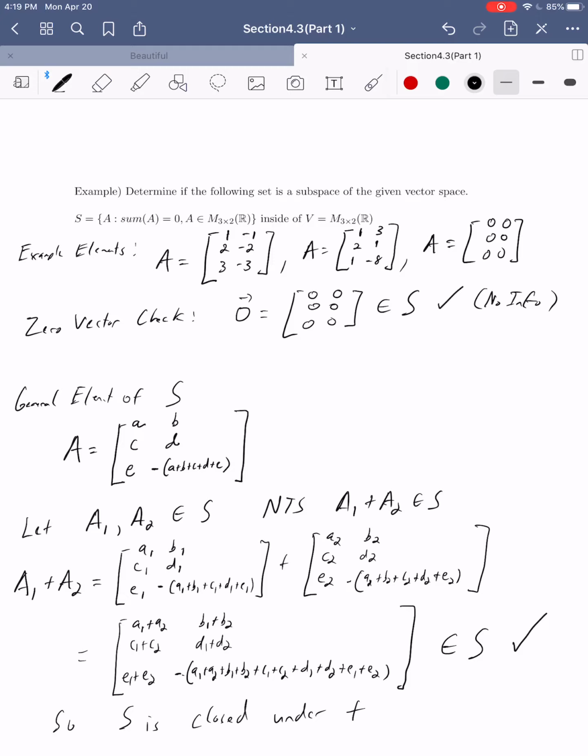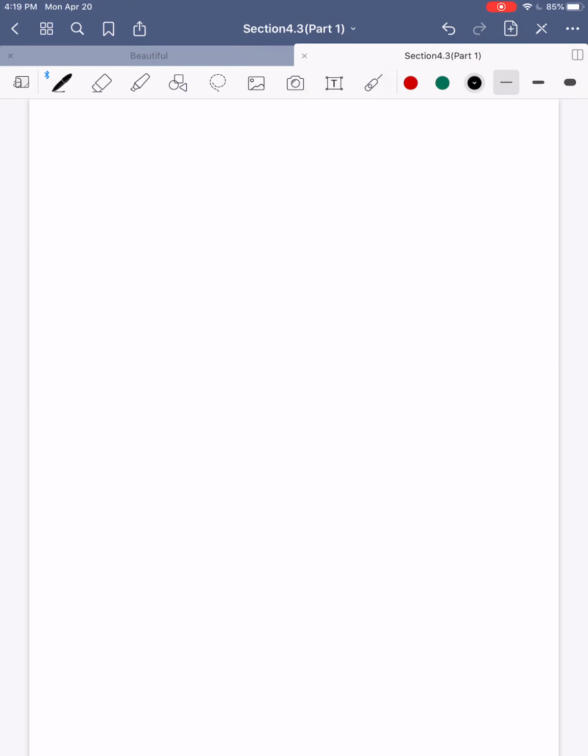Let's try the same thing for scalar multiplication. We need to show that if A1 is an element of S and k is a real number, then kA1 is an element of S. So kA1, what does that look like? Well, that's k times a1, b1, c1, d1, e1, and then negative (a1 plus b1 plus c1 plus d1 plus e1).